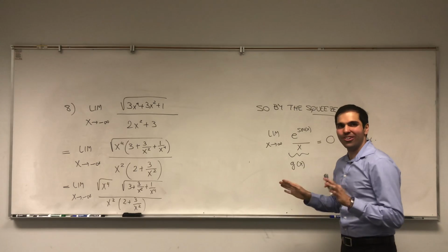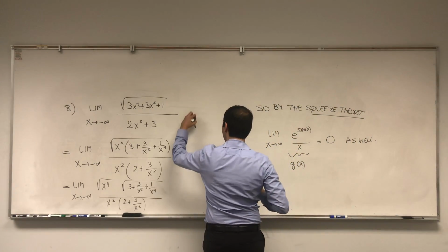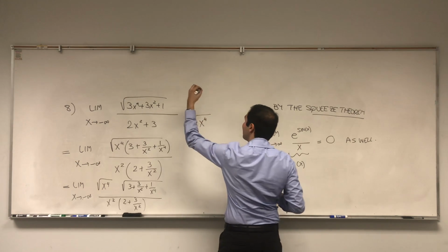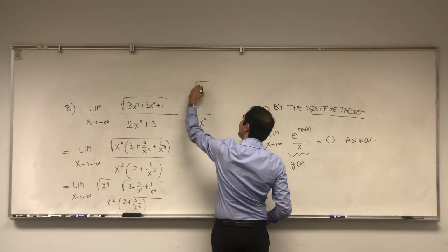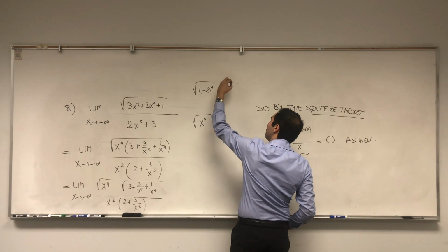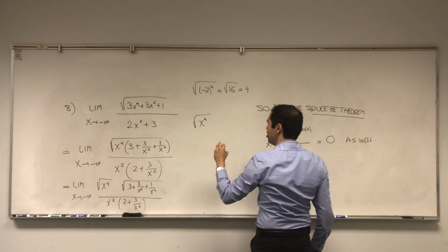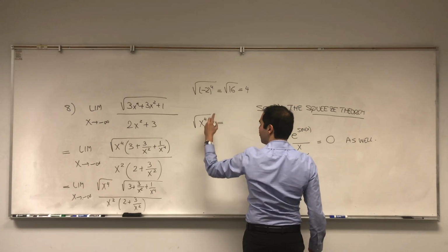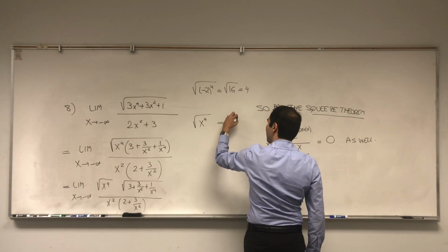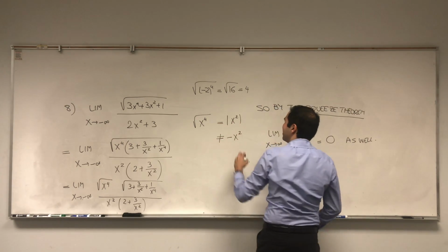Now here's the important thing. The square root of x to the 4th, right? Think, for instance, the square root of -2 to the 4th. That's the square root of 16, and that's 4. You might think, oh, well, of course, it's the absolute value of x squared. That's not the same as minus x squared.